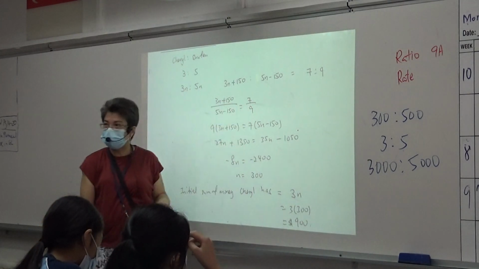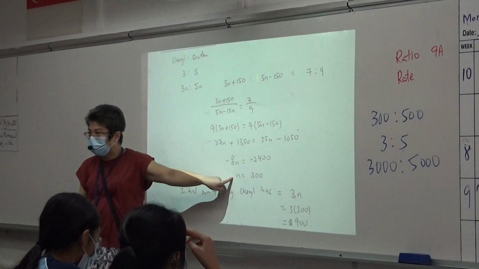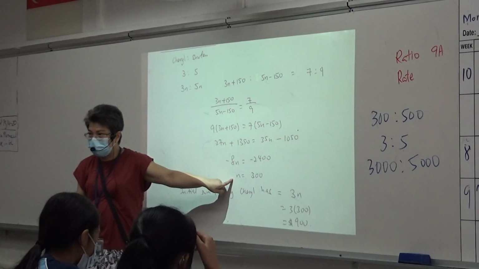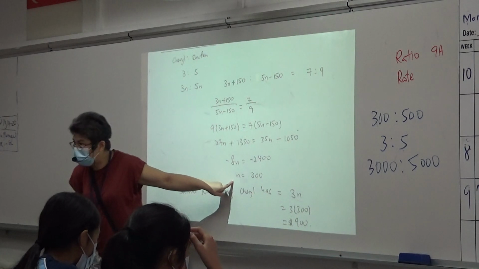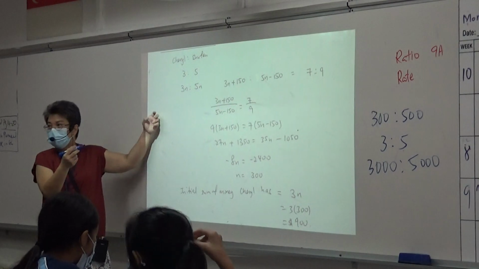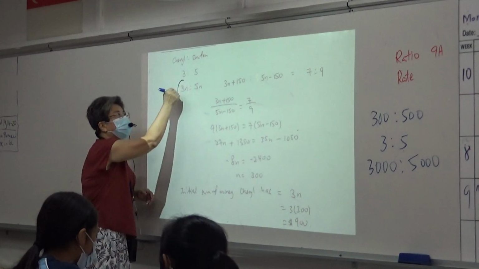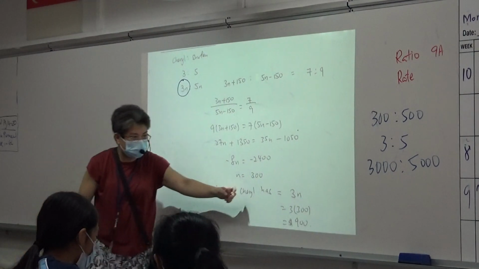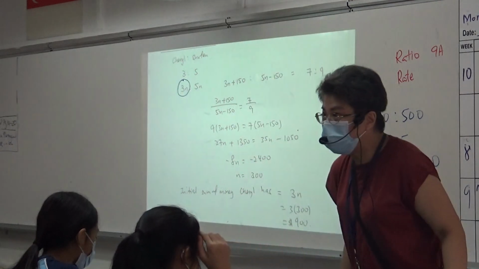Cross multiply. I solve, I get n as what? 300. What did the question ask for? Cheryl initially, right? Can you tell me Cheryl initially is what exactly? 3n, right? Correct. So I take 3n, then I get 900. Are you all clear?